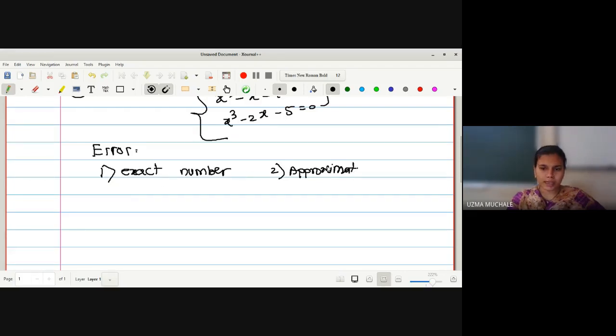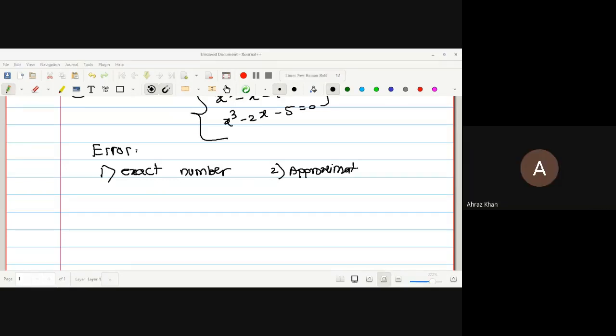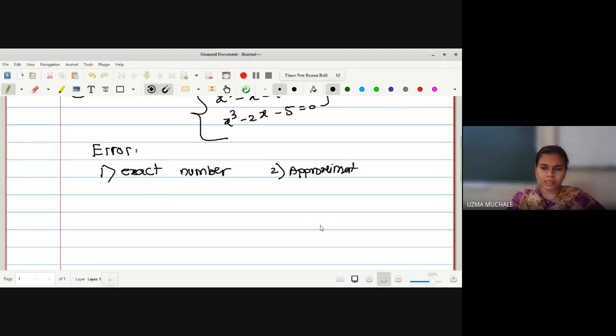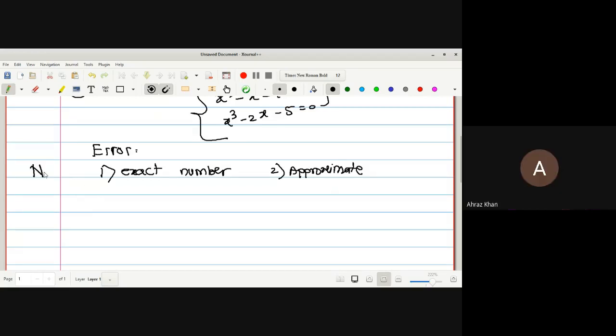Approximate numbers and exact numbers. So, what do you mean by approximate numbers and exact numbers? Can anyone give examples of these two categories? Ma'am, 1.999 is an approximate number and 2 is the exact number.